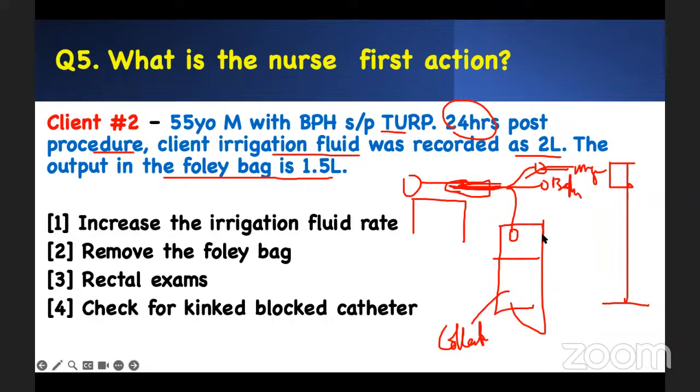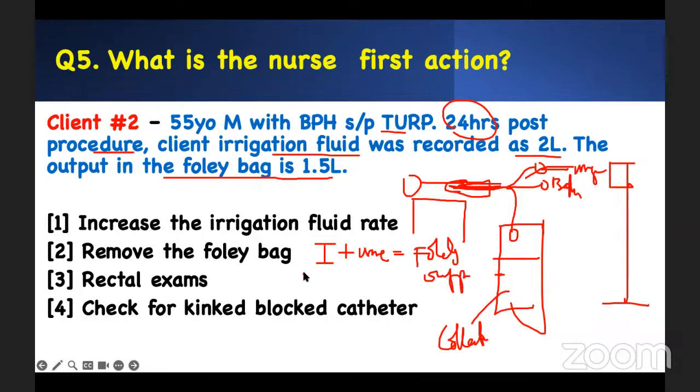Remember, the patient too is going to have urine. He's going to pee, continue to pee the same way. That means the irrigation fluid plus how much the patient is making urine should be equal to what is in this bag, the Foley bag. So this is the output.